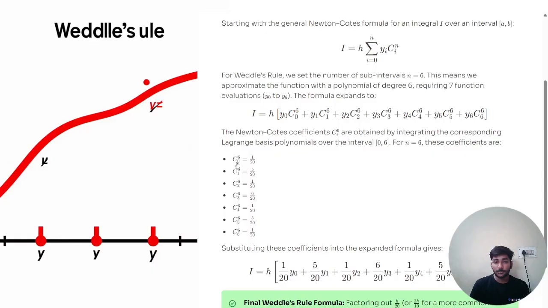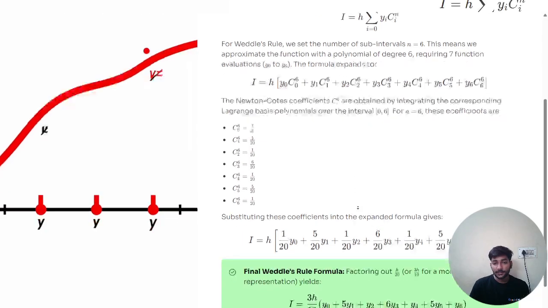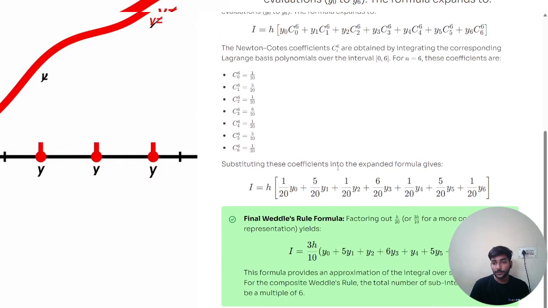After calculating the values, c0 6 we get 1 by 20, c1 6 5 by 20, c2 6 1 by 20, c3 6 6 by 20, c4 6 1 by 20, c5 6 5 by 20, c6 6 1 by 20, and after putting this value into this formula we get this. Okay, this is the formula of Weddle's rule, and this is the final formula.